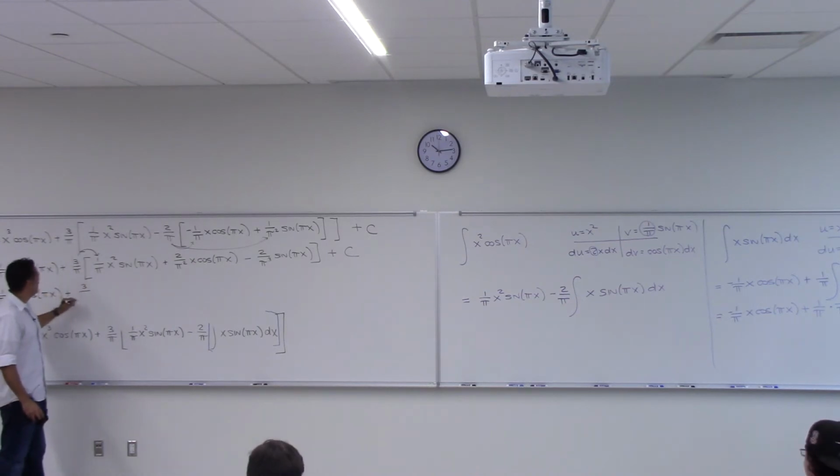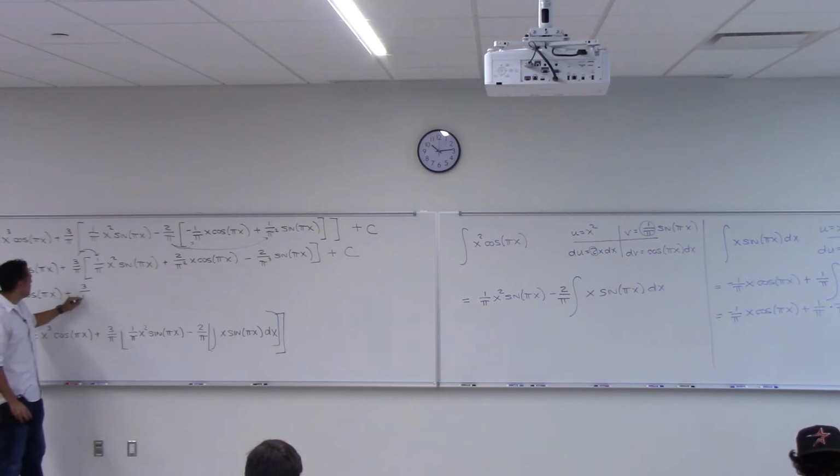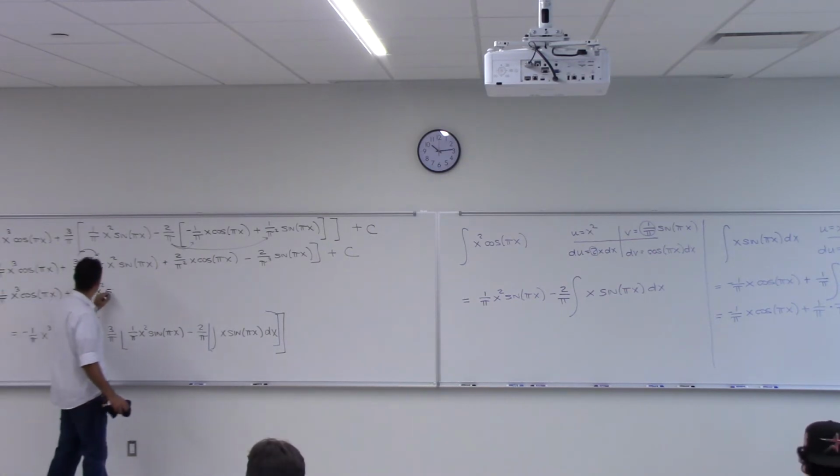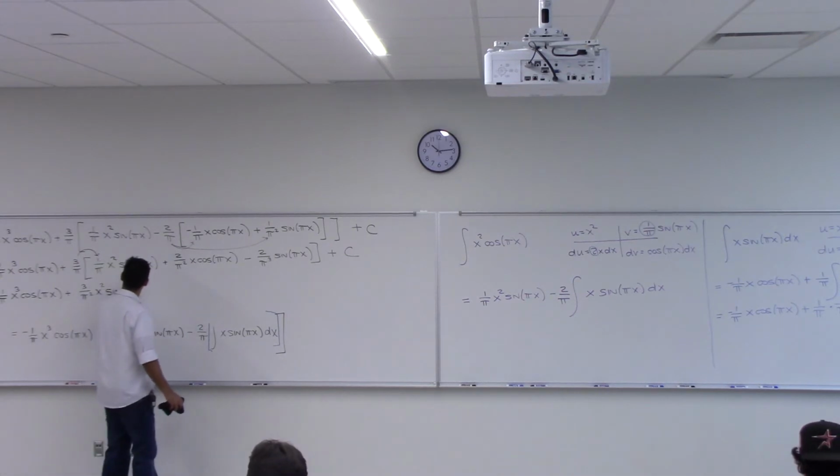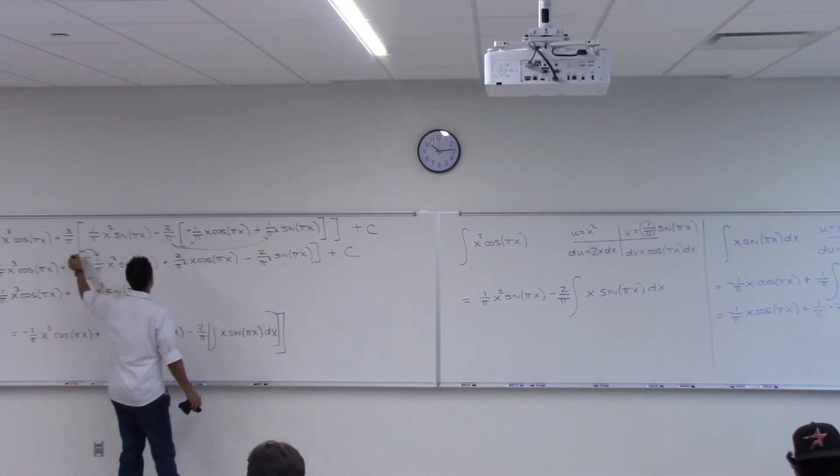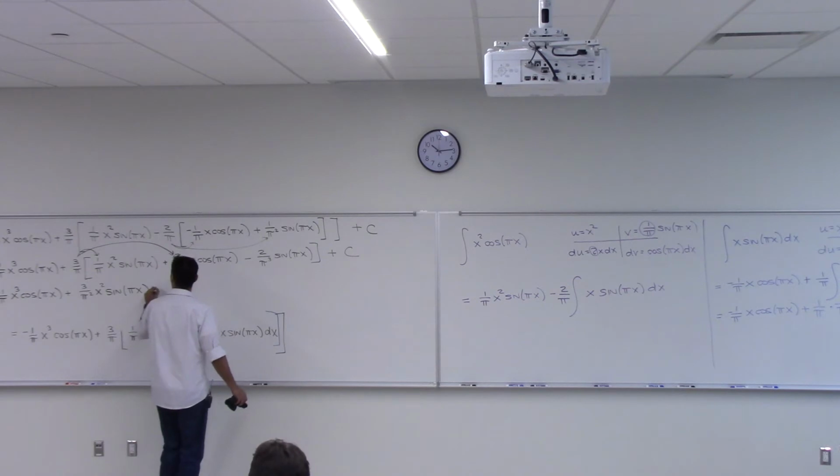I get it. This through here, 3 over pi squared, right? X squared sine pi x. And then this distributes to this, so what will that give me?